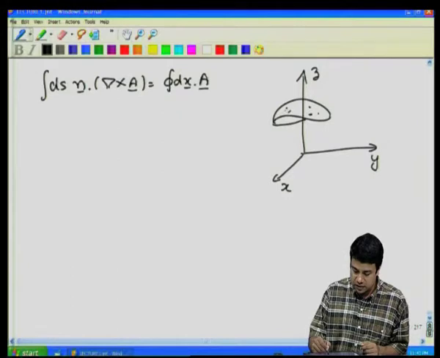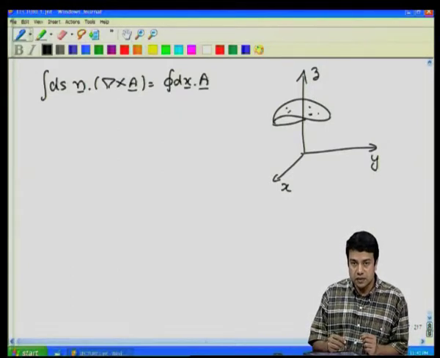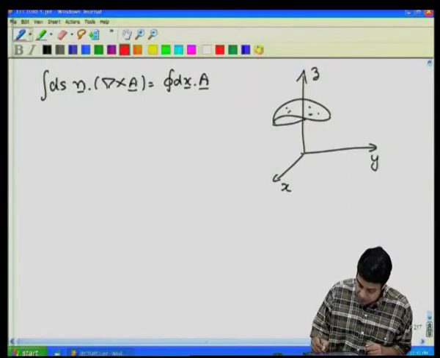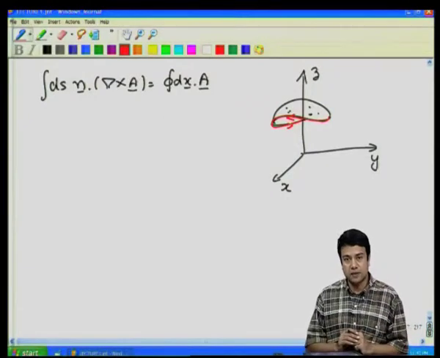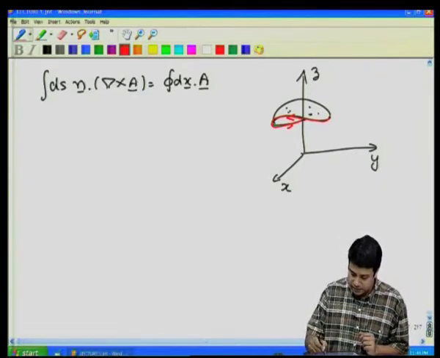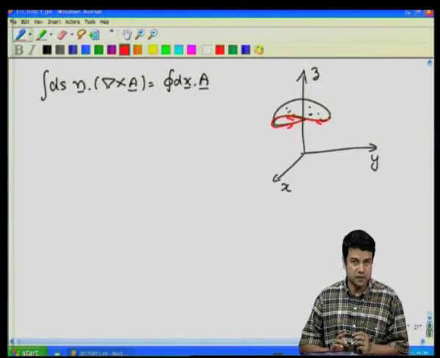If I take n dot del cross A and integrate it over the entire surface, it is actually equal to the integral over the perimeter of this surface, taken in the anticlockwise direction as appropriate for the curl, of dx dotted with A.